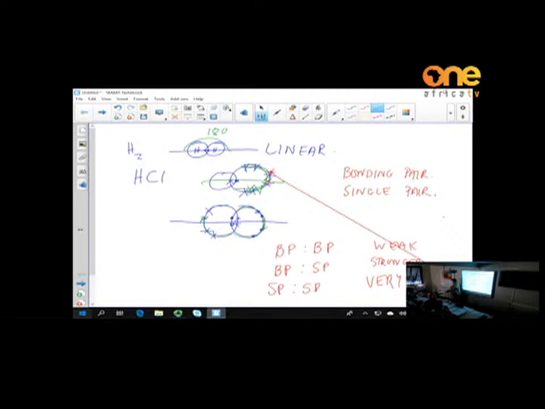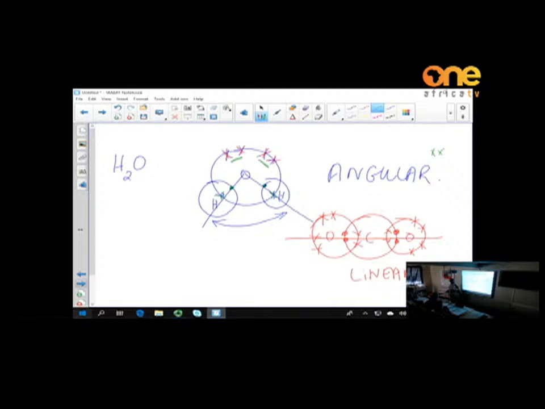Now the specific example is that of water. And the hydrogen-oxygen-hydrogen bond over here, this bond, in other words, that angle is equal to 104.5 degrees. Water, yes.